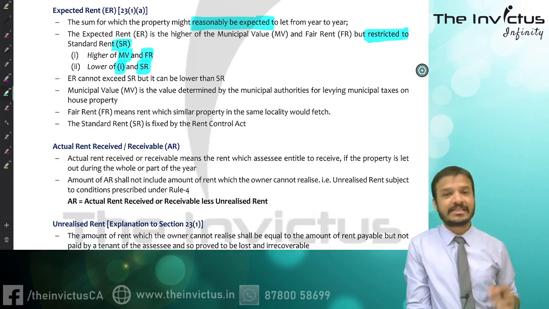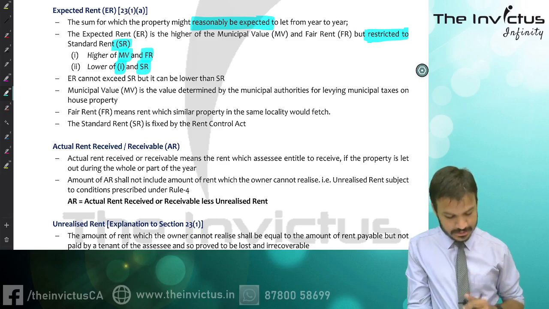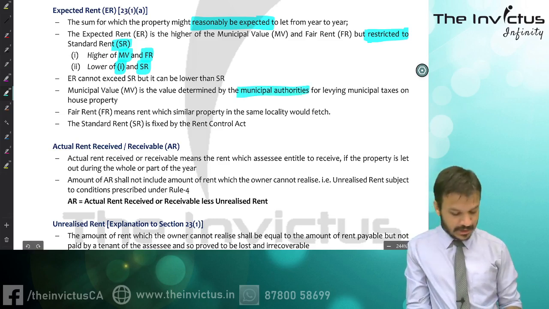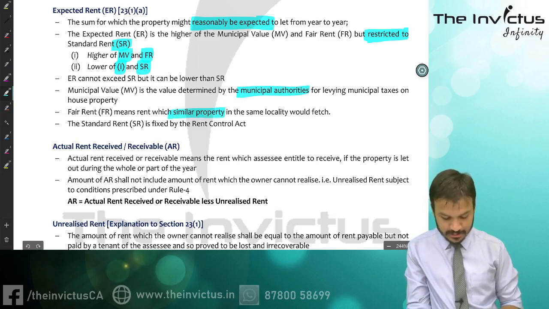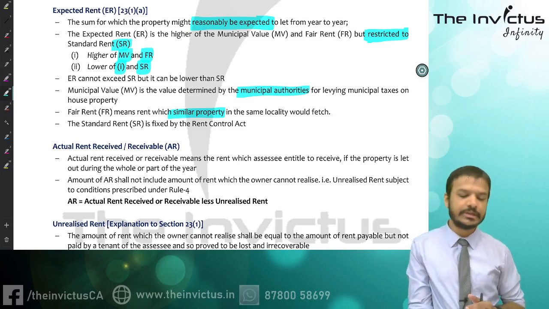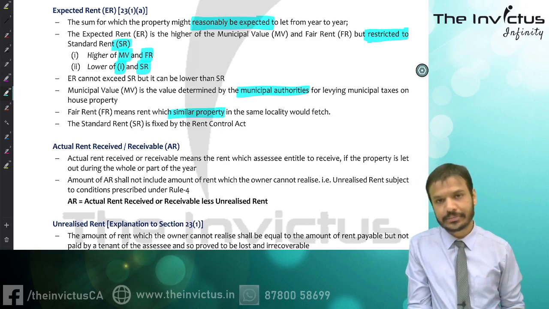ER cannot exceed SR, but it can be lower than SR, that we have already discussed. MV is a value determined by the municipal authorities. FR means what a similar property in the same locality would fetch, and SR is fixed by the Rent Control Act. These three things I need to compute expected rent.